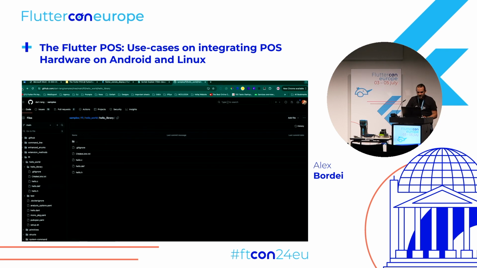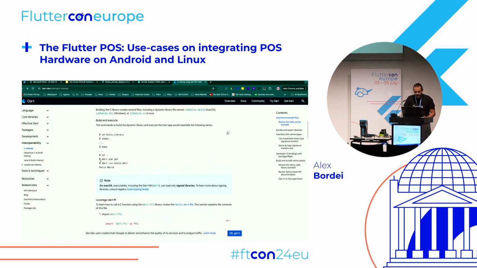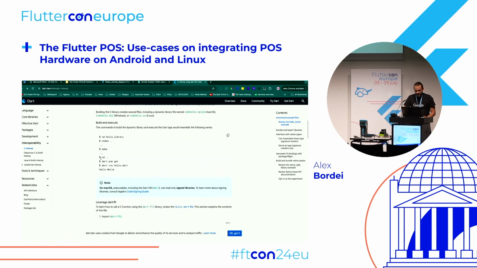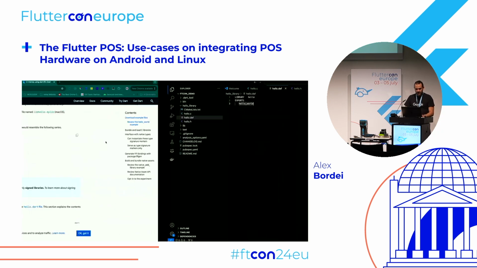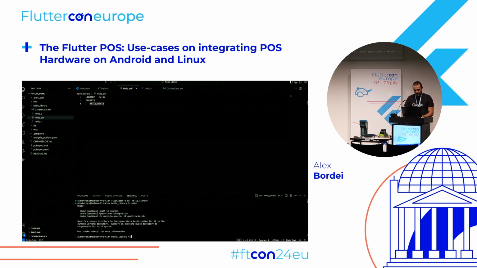And what we'll be seeing in the documentation, after I get 1,000 backs here, is that we go to our folder and compile this C code: cd hello library and cmake dot.